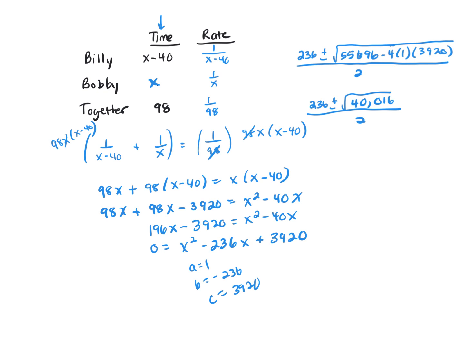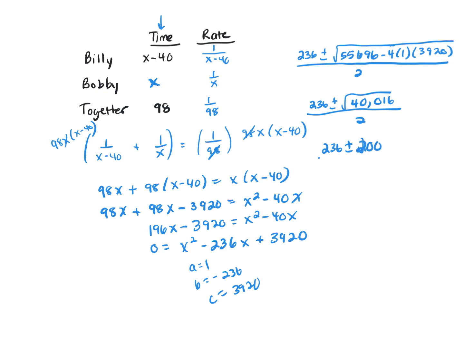40,016, all over 2. And then 236 plus or minus, let's see if we can take the square root of that. The square root of 40,016 is not a perfect square. It's about 200.